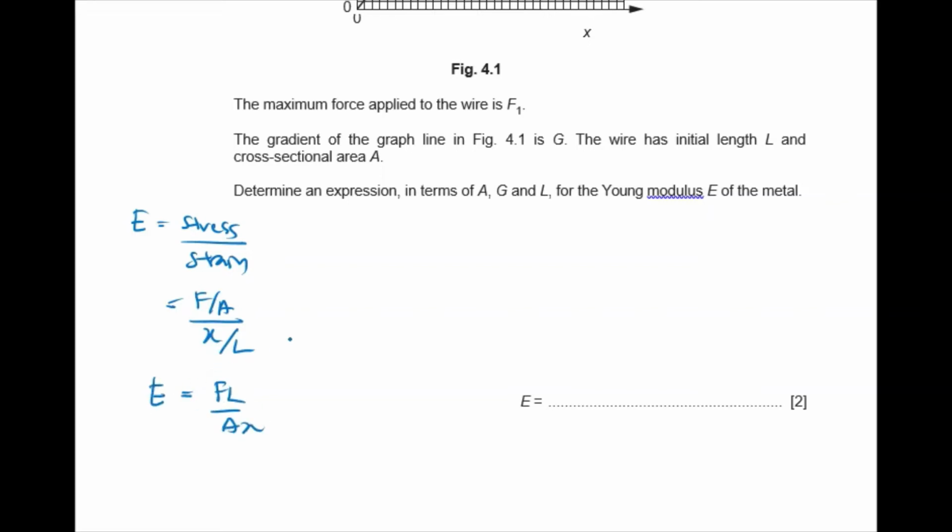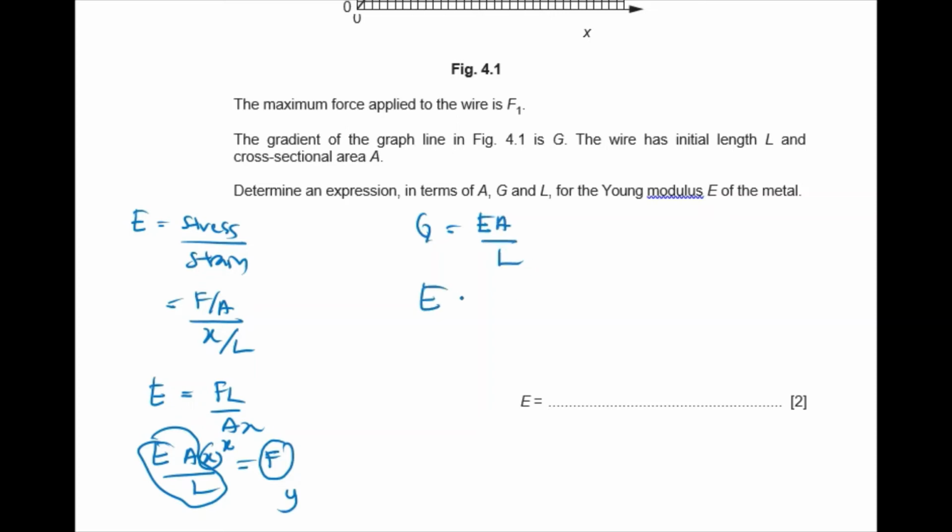Because we plot a graph, we rearrange: F = (EA/L)x. So we plot force on the y-axis and extension x on the x-axis. So the whole thing EA/L is the gradient. So gradient G equals EA divided by L. So E equals GL over A.